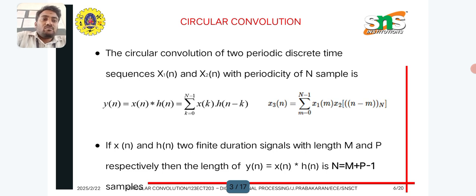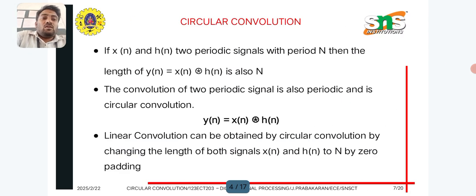The third signal, that is the convolved signal, x3 of n equals x1 of m convolved with x2 of n minus m, where m is the length of h of n and n is the length of the input sequence.